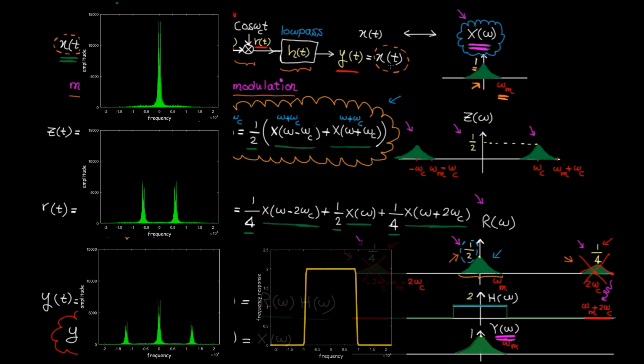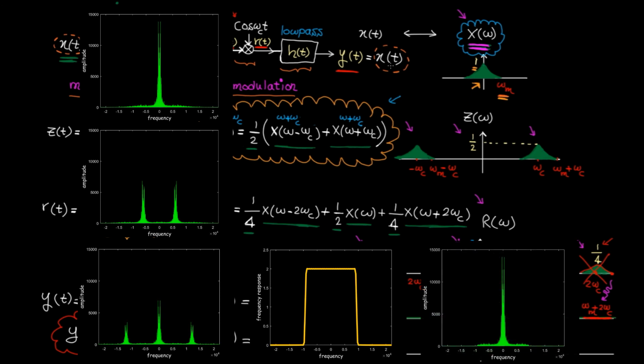Finally, we use this low-pass filter to compensate the amplitude and reject the undesired copies. Here's what we get. Let's listen to it. As you can hear, this is the original song with no distortion.